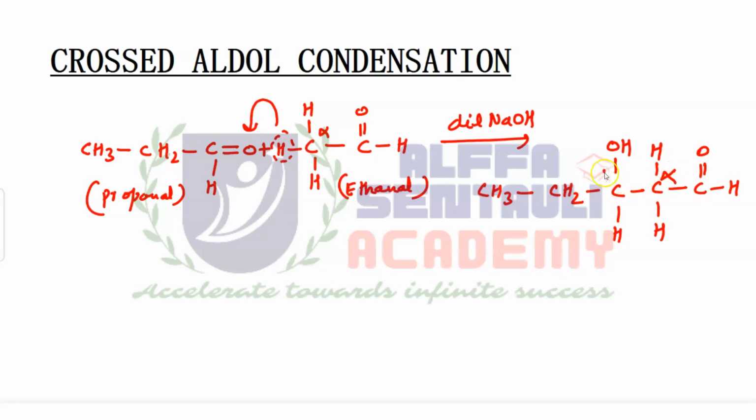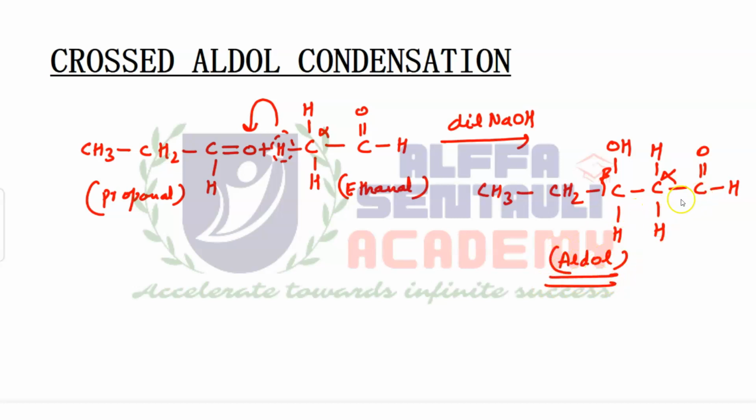This carbon is the alpha carbon, this is the beta carbon. So here also you are getting a beta hydroxy kind of compound. This hydroxyl group is there, and the main functional group is there. So this is a beta hydroxy aldehyde compound. This is also an example of aldol.